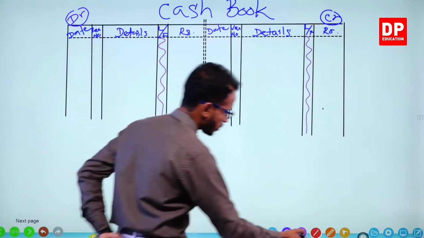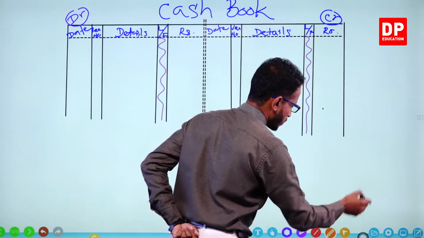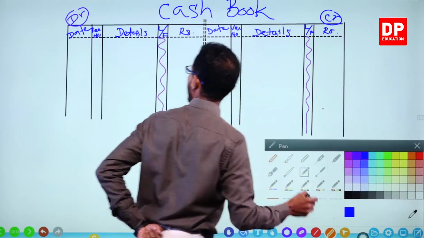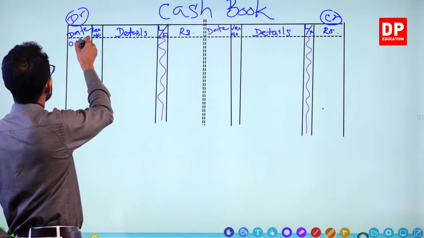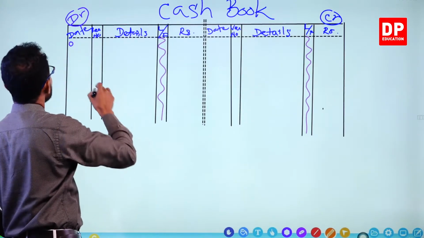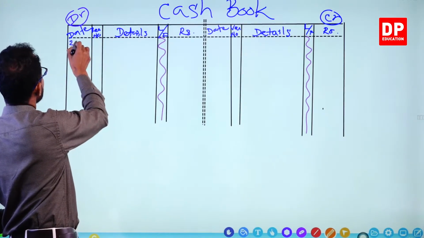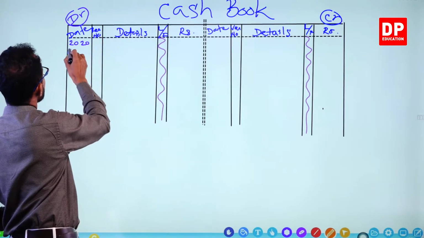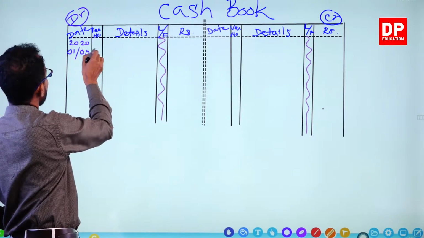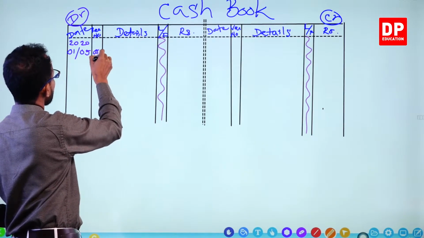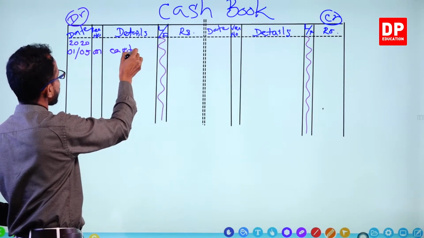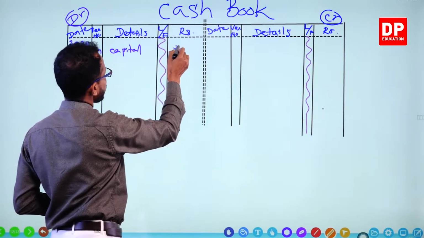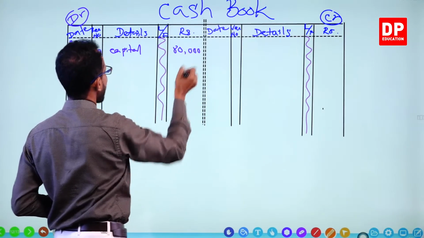Let's write in the cash book debit side. First, let's put the year 2020. 1st May, receipt number 001, details, capital, 60,000 in the amount column.